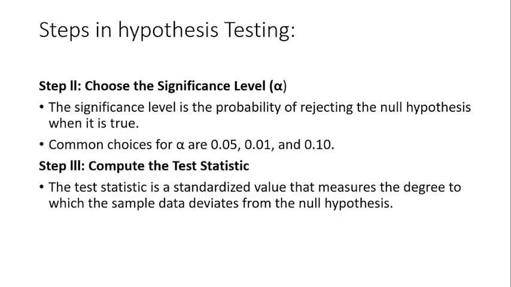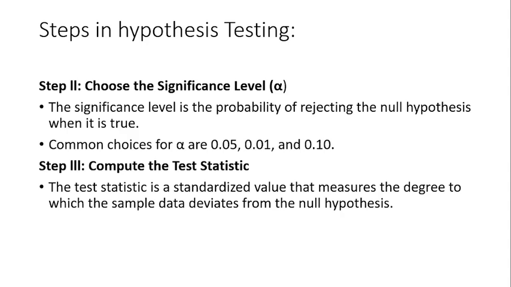So that 5% can cause damage. So in the medical line, they always take 0.01 instead of 0.05. But if you are working in the social sciences, 0.1 can be accepted, because the hypothesis cannot cause so much damage even when the error is committed.